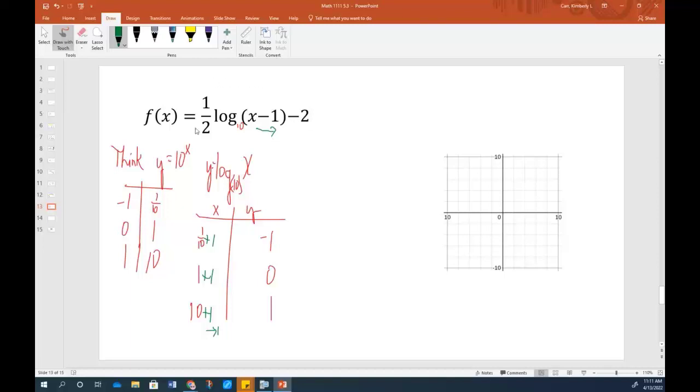Then the next thing we would look at is this 1/2. But this 1/2 is not in there with the x's. It's half of that result. So I need to take half of this and subtract 2. See, that's happening to my y values out here. The half, and then subtract 2.